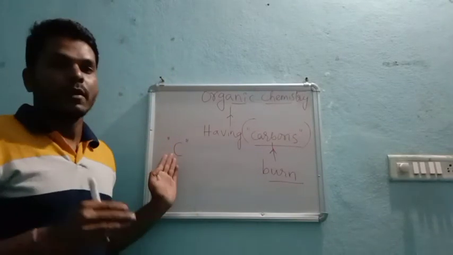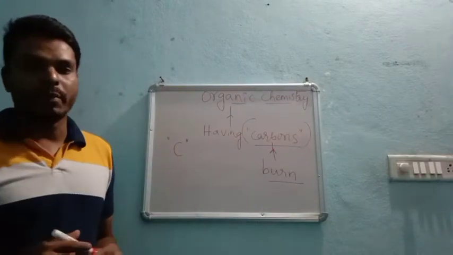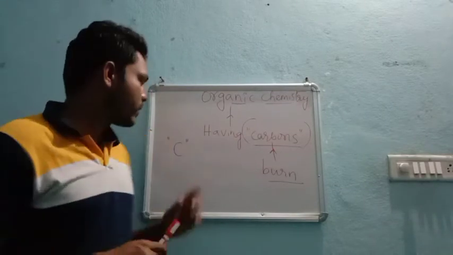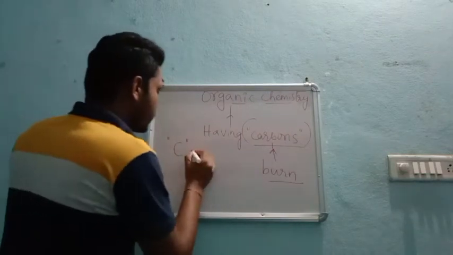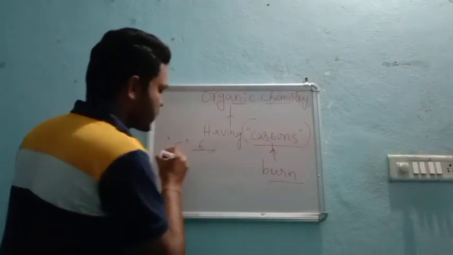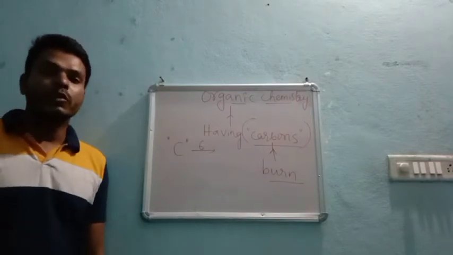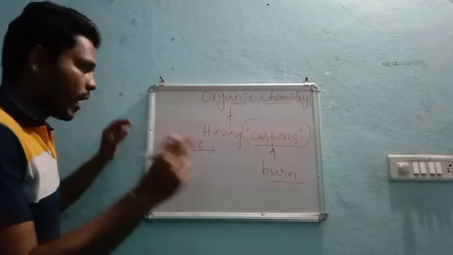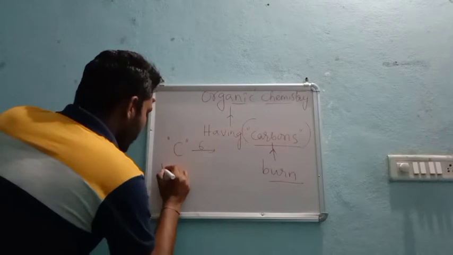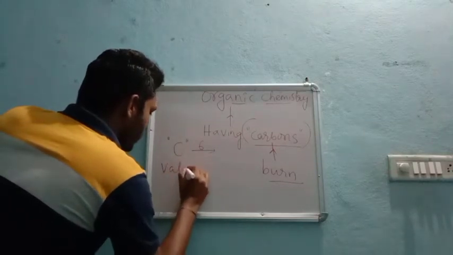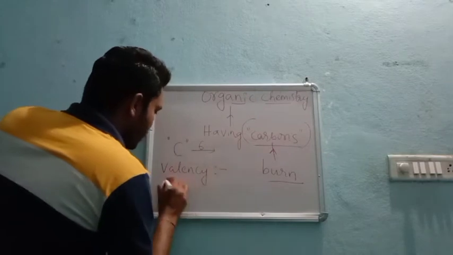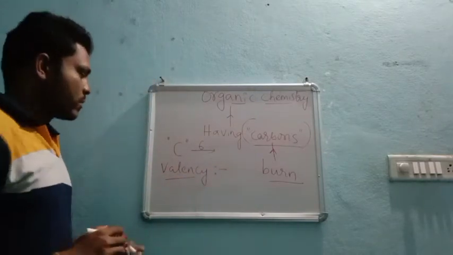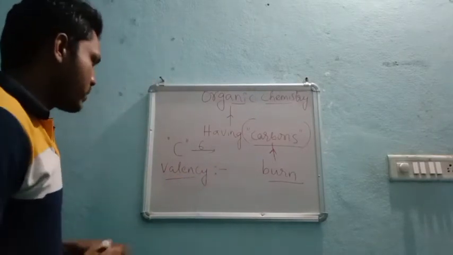I mean, the sixth element in the periodic table is carbon, and its atomic number, as we already know, is 6. Now I will explain one more new term, that is valency. Very important, students. You should have some knowledge about valency.